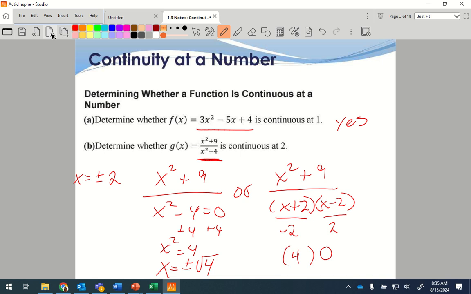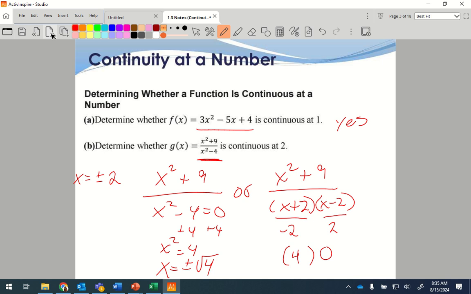But anything times 0 is 0. So that's the reason why I kind of like this way. So I factor it and I see each one individually. Make sense?